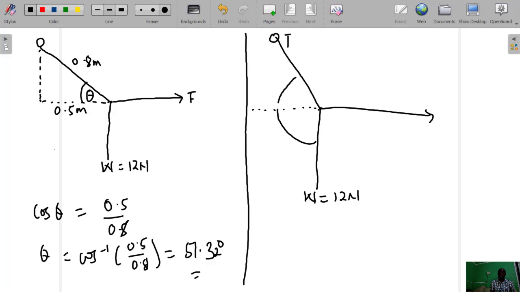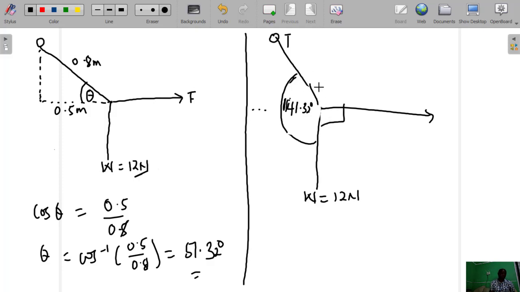And this side is what we have obtained, 51.32 degrees. If we add it to 90, we are going to get 141.32 degrees.